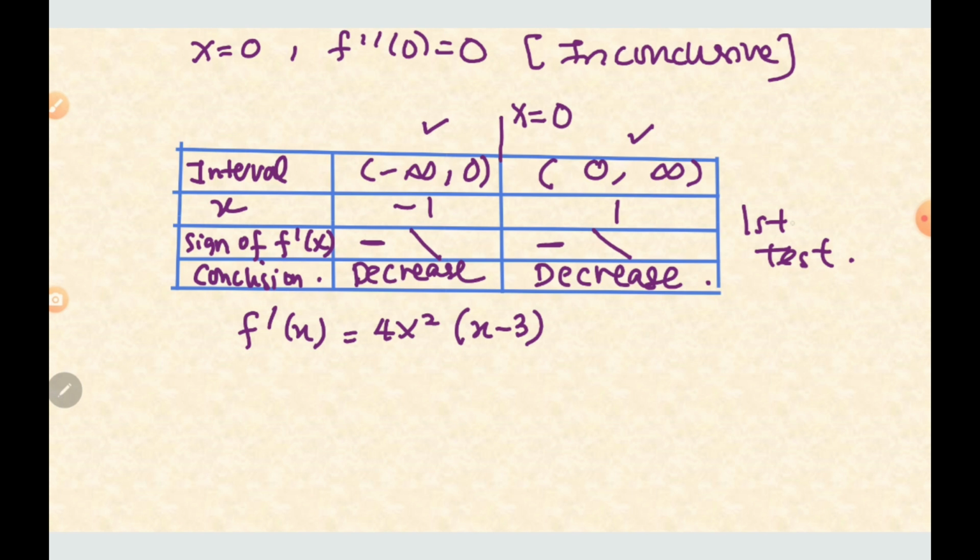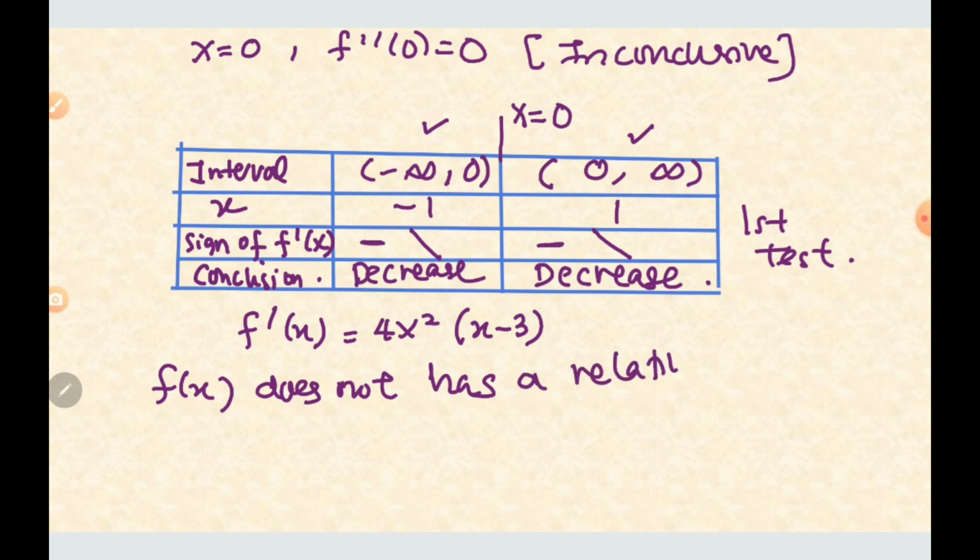From the first derivative test, we can see that f(x) does not have a relative extremum. Extremum means either maximum or minimum. So you can say that f does not have a relative extremum at x equals 0.